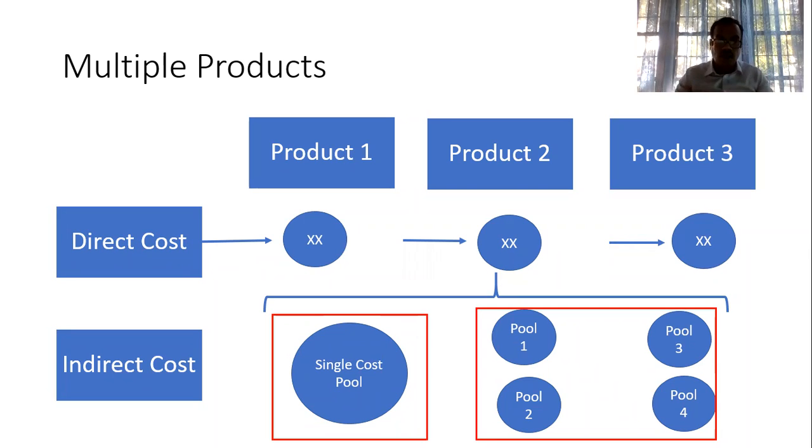Put everything into a single cost pool, millions of money, finally divide it by the number of students and say that indirect cost for producing an undergraduate is this much. But degree programs are not homogeneous, faculties are not similar. So if we have a single cost pool and try to assign cost to cost objects, that might not provide you precise information.